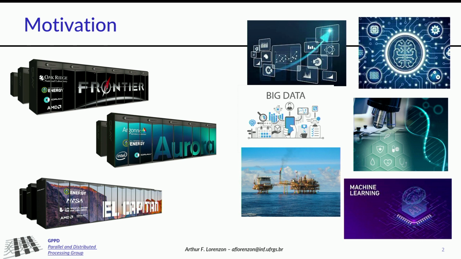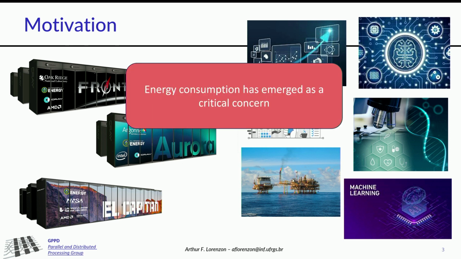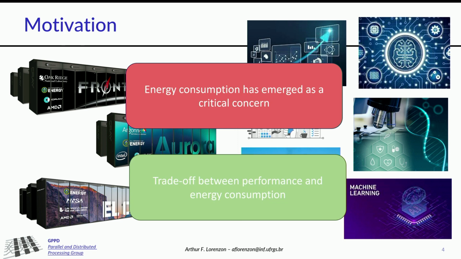They are executing these applications because of the processing power. Simultaneously, we have a power concern because we need to keep these machines operating at full capability to execute the applications. Instead of only improving the performance of these applications, you also need to care about the power consumption. Therefore, we need to improve the trade-off between performance and energy consumption for these systems.